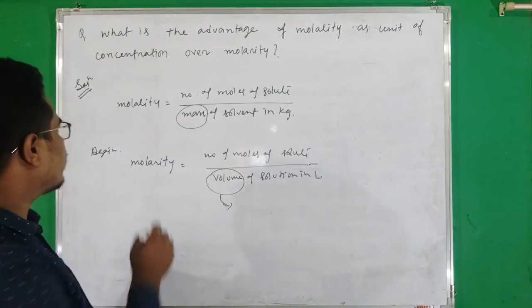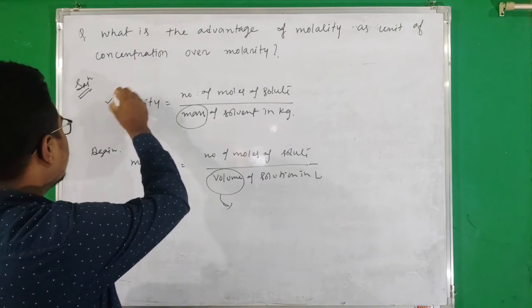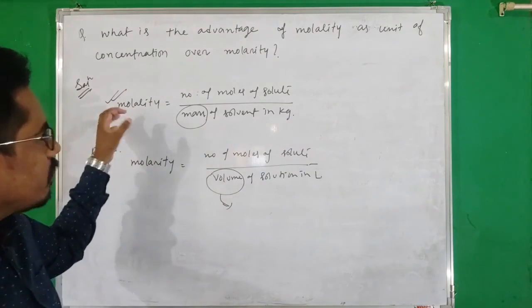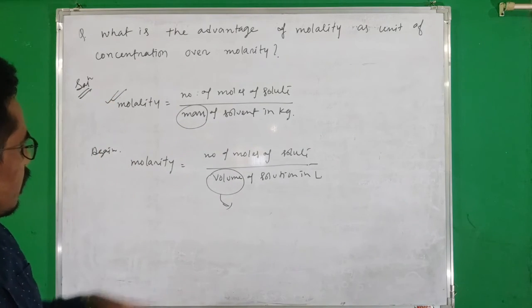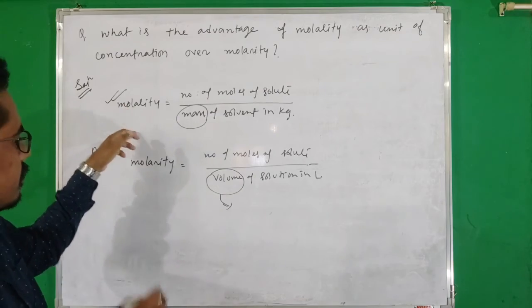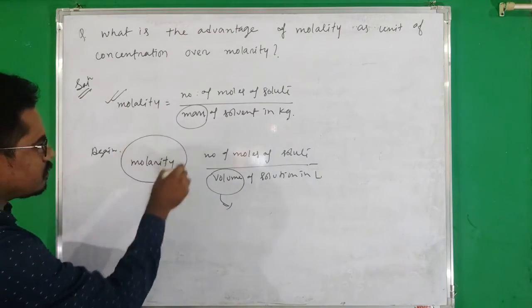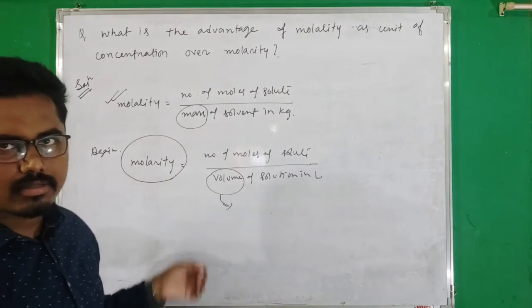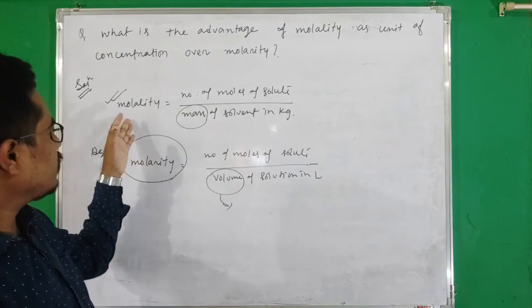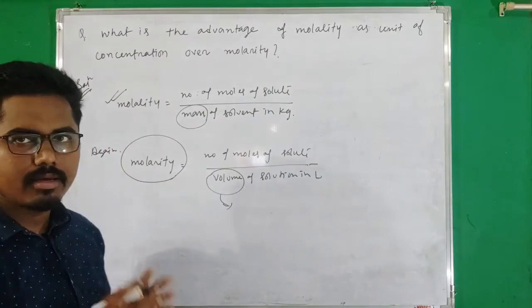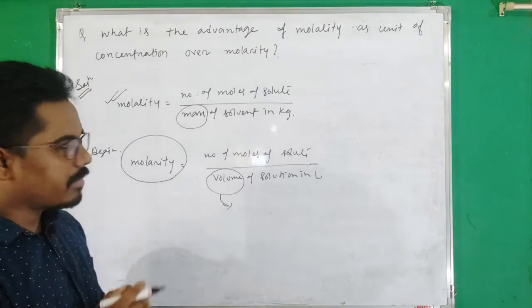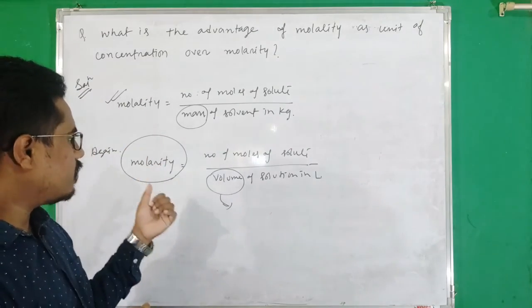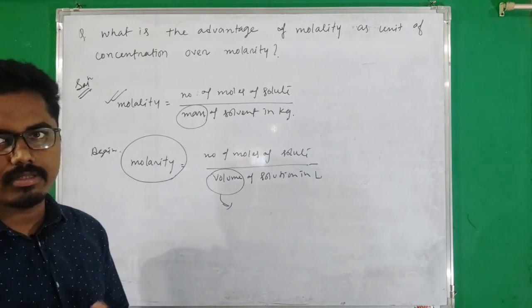Therefore molality will not change with temperature. So molarity of a solution changes with temperature, but molality of a solution will not; it will always remain fixed. That is the main advantage of molality over molarity as a unit of concentration.